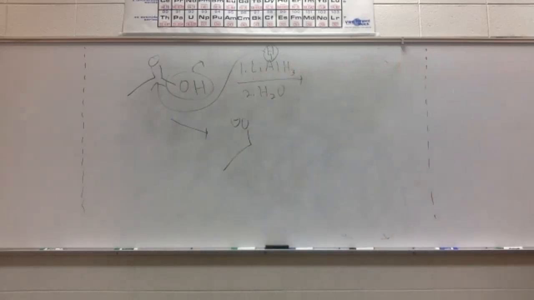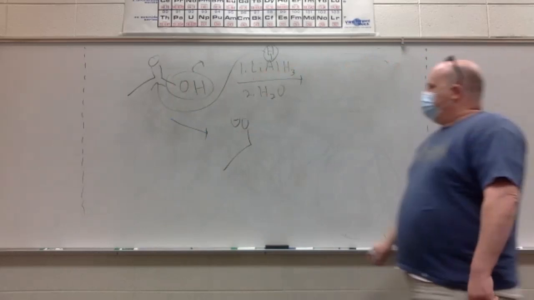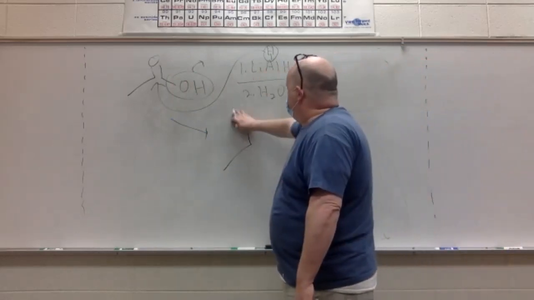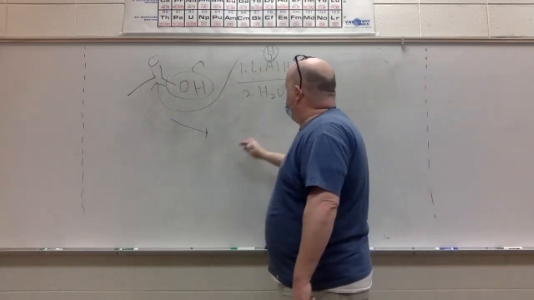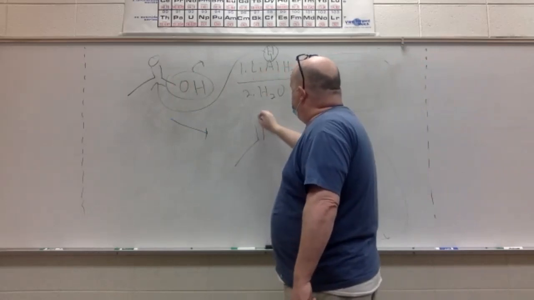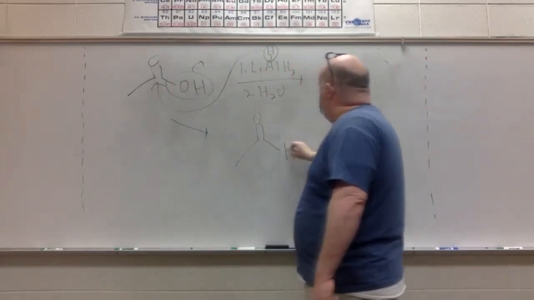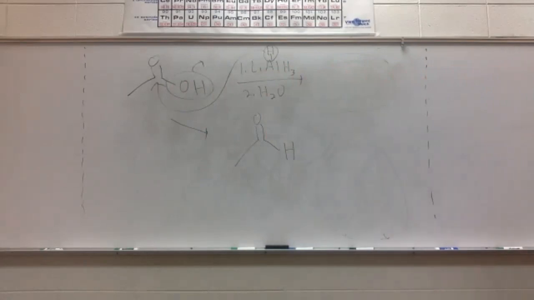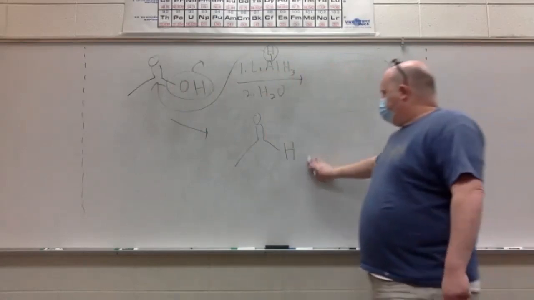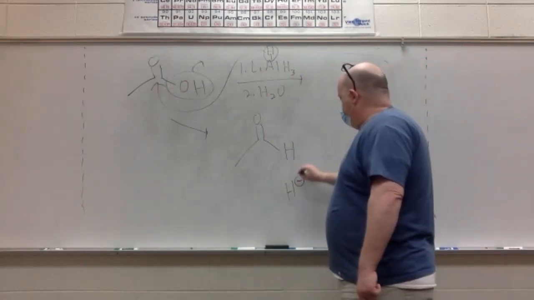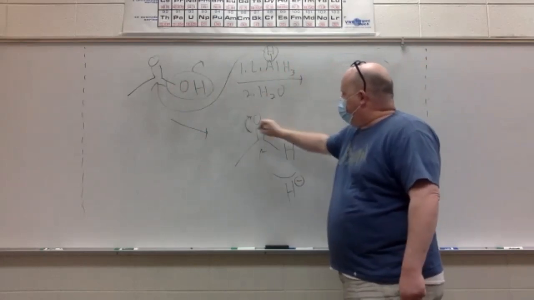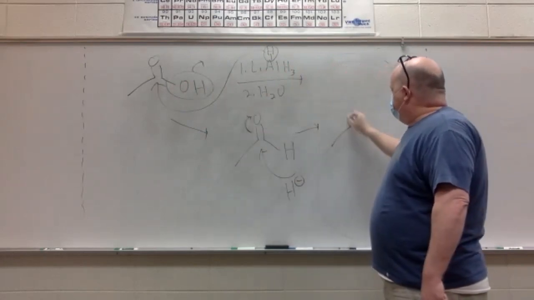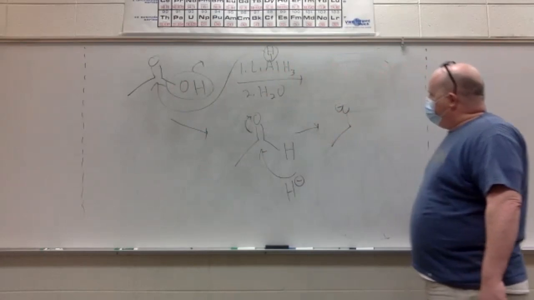That produces negative oxygen. Oops, wait a minute, sorry, getting ahead of myself. That produces an aldehyde. And what did we see last time? What can an aldehyde do? Yeah, it can further react. So this is exactly the same as what we've seen before.